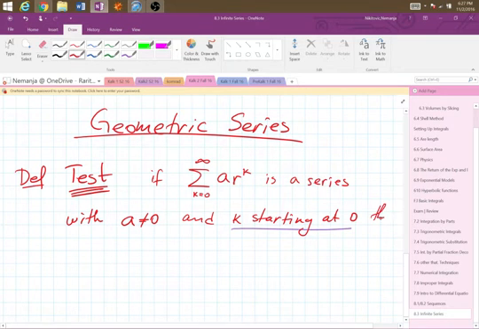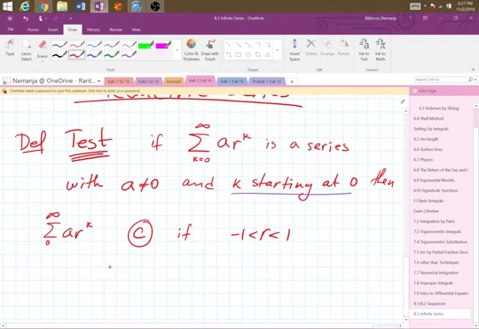Then summation of a r to the k from 0 to infinity converges if r is in between -1 and 1, and diverges if r is less or equal than -1 or greater or equal than 1.